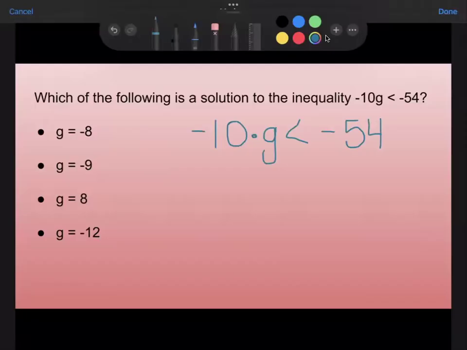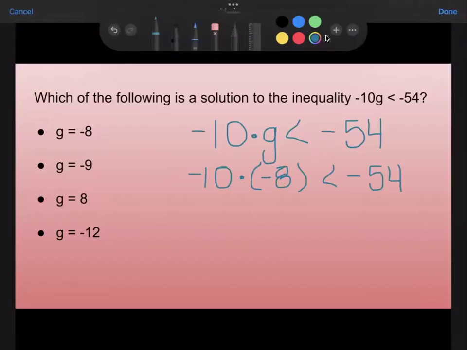I'm going to put it in here because I'm going to be removing the g and substituting in the different possible solutions they gave us to see if it's a true statement or not. So for the first one, I'm going to replace the g with negative 8. Negative 10 times negative 8 is less than negative 54.